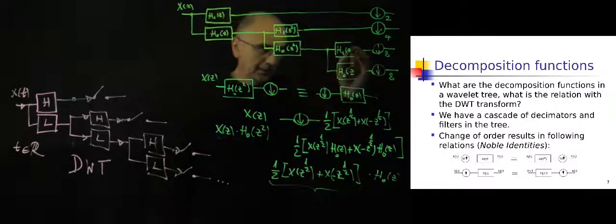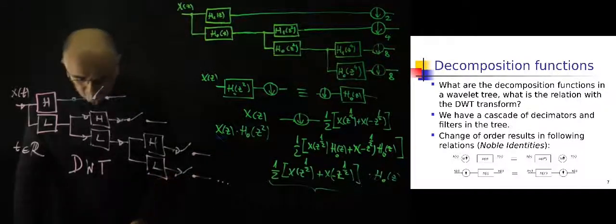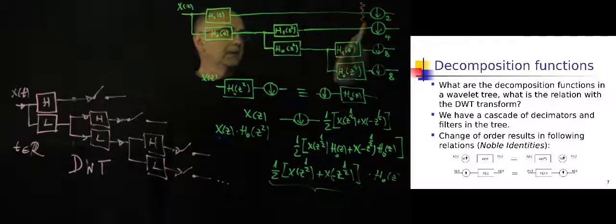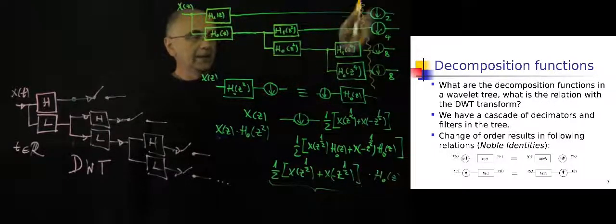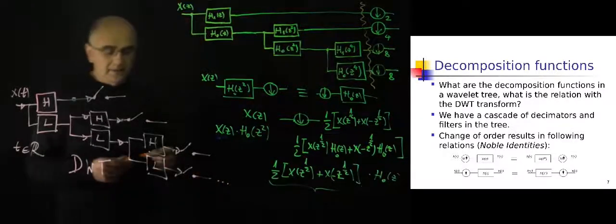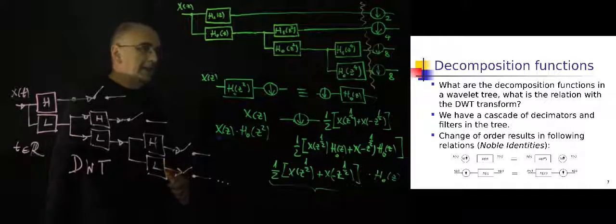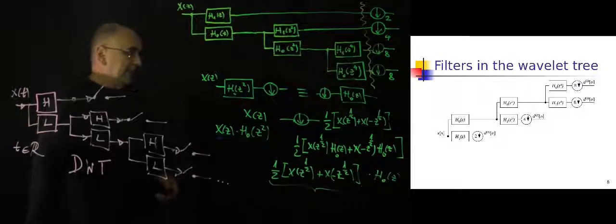So right now it is z to the power of 4 and z to the power of 4. So we have fulfilled our goal. We made a split between linear filtering and some non-linear signal-dependent decimation. So that was our goal.